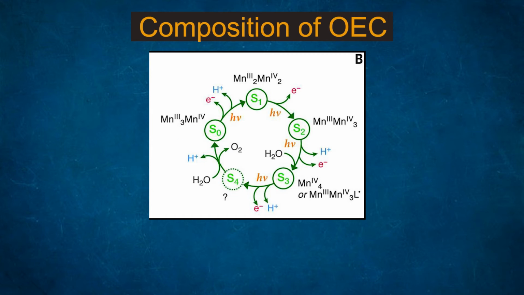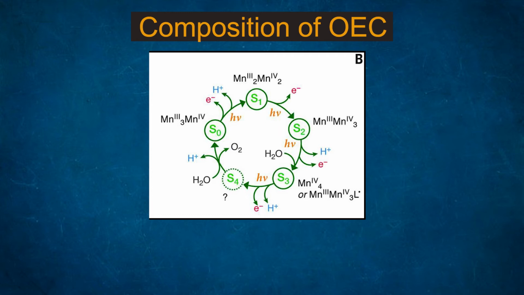Now, with the absorption of a photon of light, S0 will be transformed to S1. During the process, one electron will be taken from this manganese cluster. So, it will form the S1 state. This manganese cluster S1, on further absorption of light energy, will again give away 1 electron and enter the S2 state.